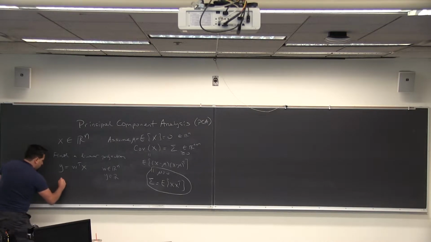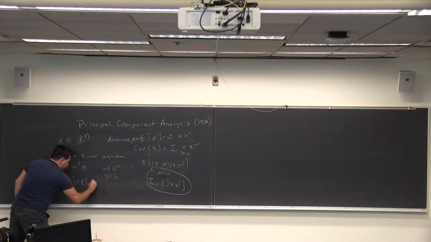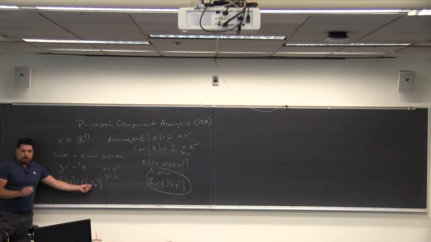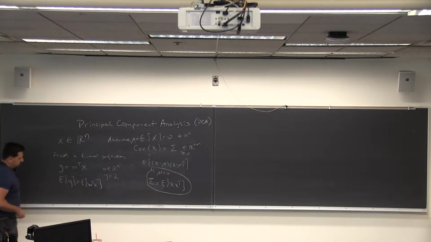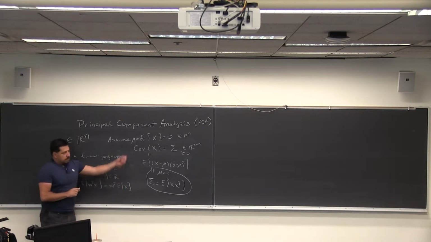Okay, so clearly the expected value of y is 0. Right, so the expected value of y is the expected value of w transpose x. But expectation and inner product with a vector are both linear, so I can swap the order. So this is w transpose times the expected value of x, and the expected value of x is 0.